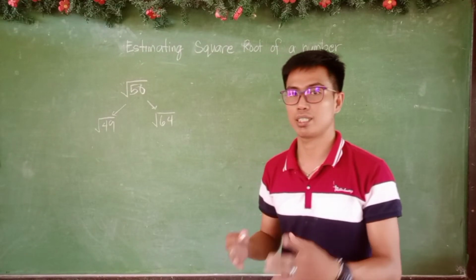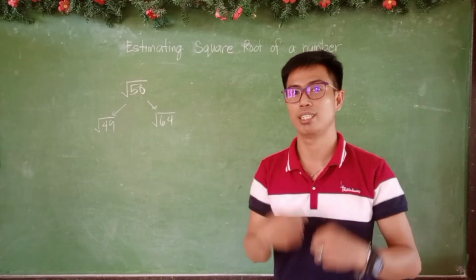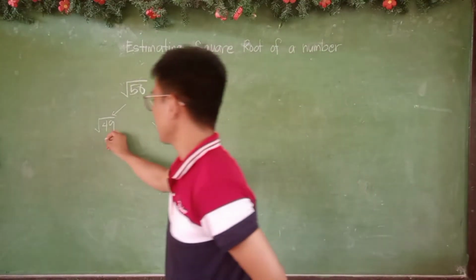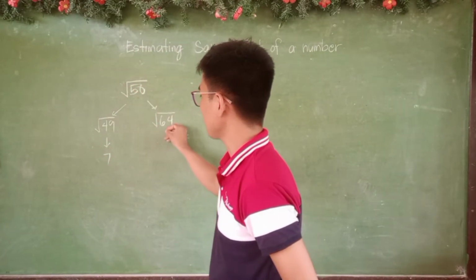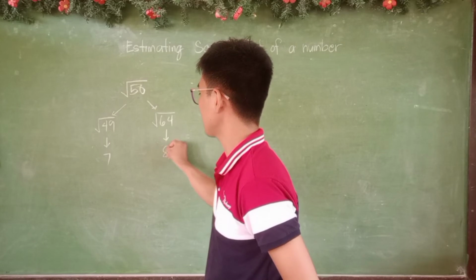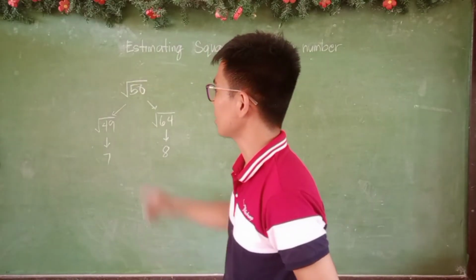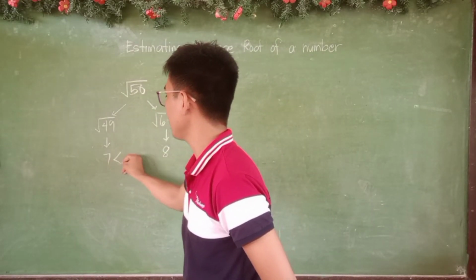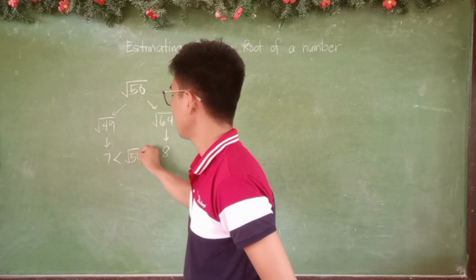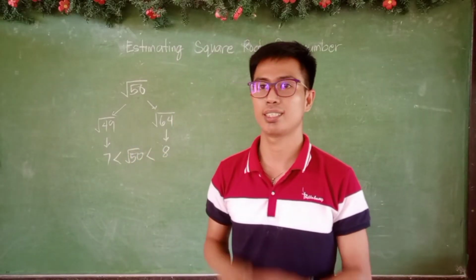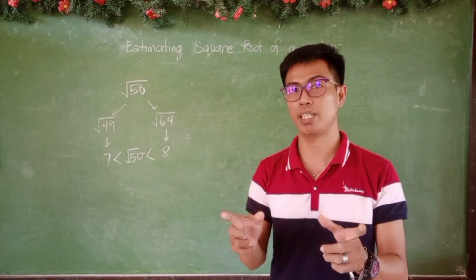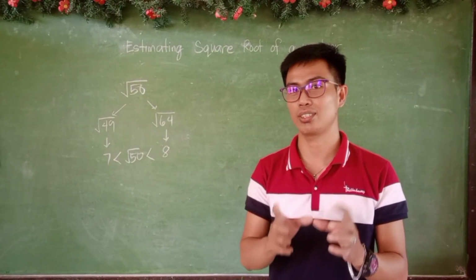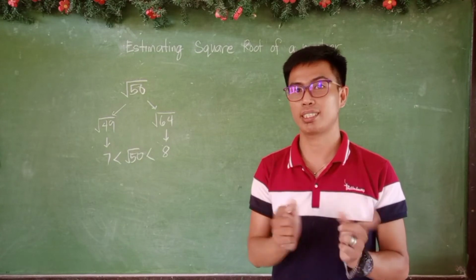So alam na natin yung dalawa. Then kunin lang natin yung square root. So the principal root of 49 is 7, and the principal root of 64 is 8. So that means the square root of 50 is lying between 7 and 8. That is how you determine where does the given number lie.